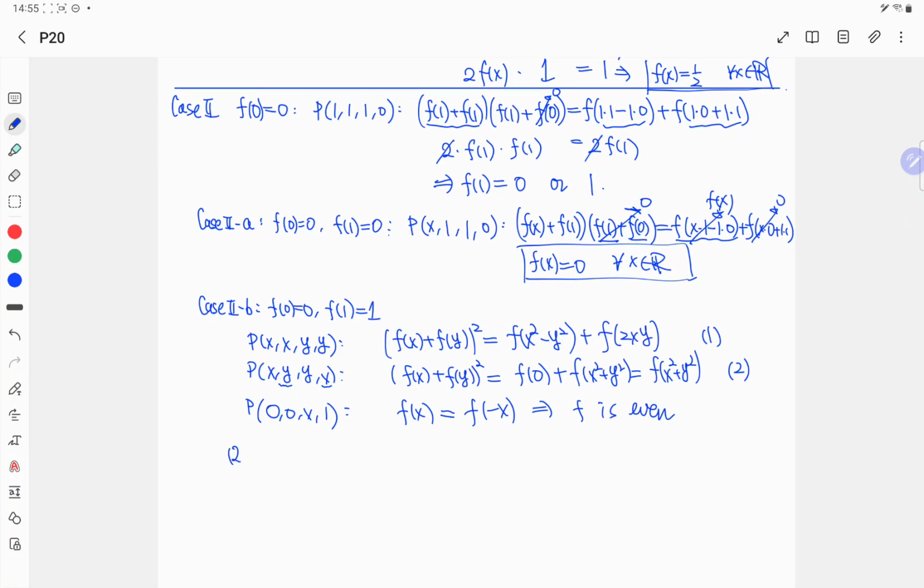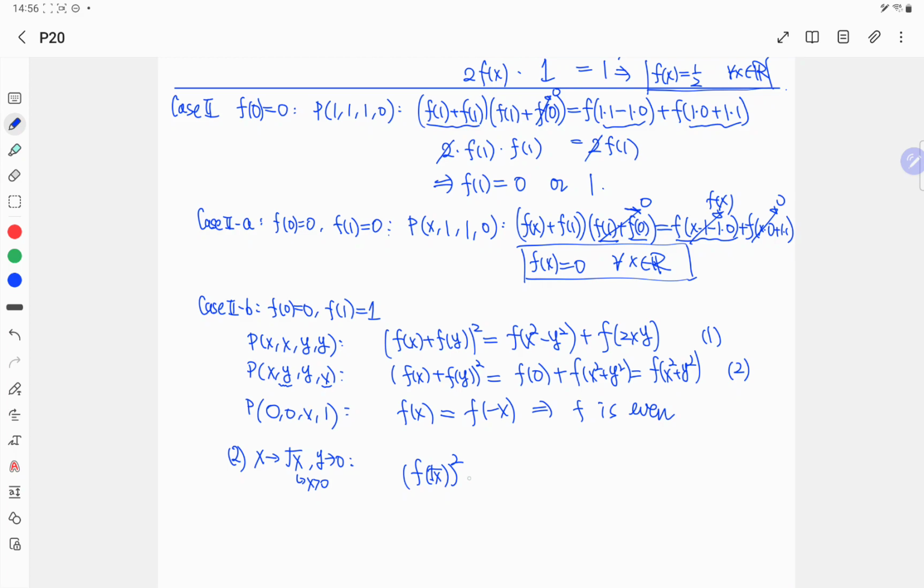Okay, so next in equation 2, let's try to pick x to be square root of x. Of course, this x should be a positive real number. And then let's change y to be 0. Okay, so in such a way, on the left side, we have f(square root of x) quantity squared, because f(y) is 0.